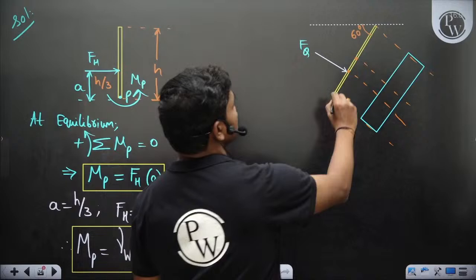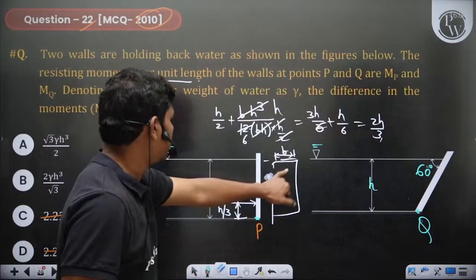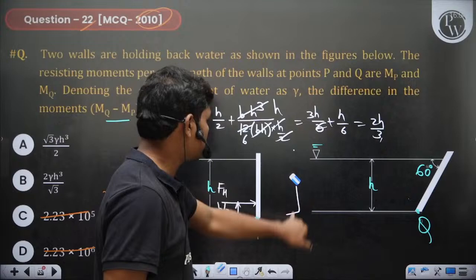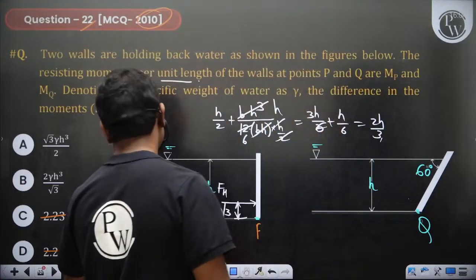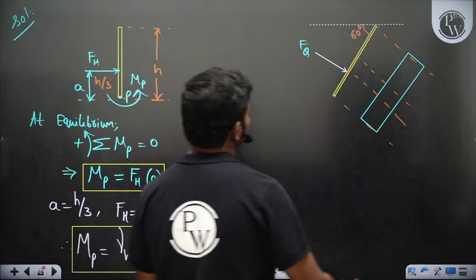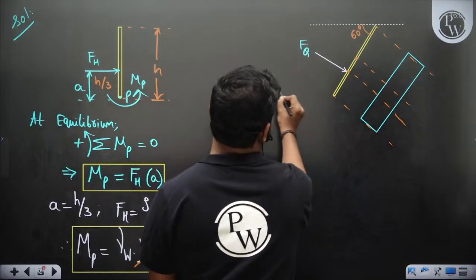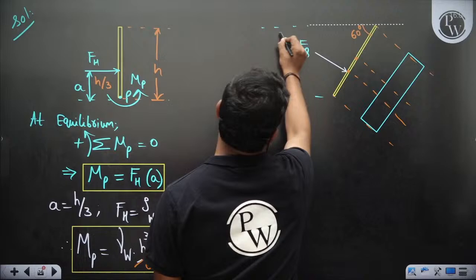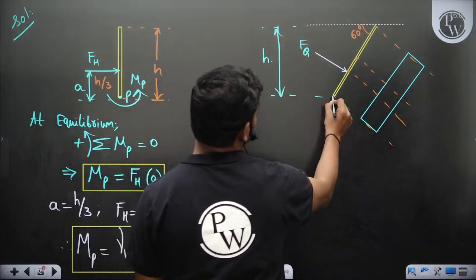One thing is very clear, this full height is the same, no need to do all this stuff, let's clear this. So this is 60 degrees and this height is h, of course. So this is h.